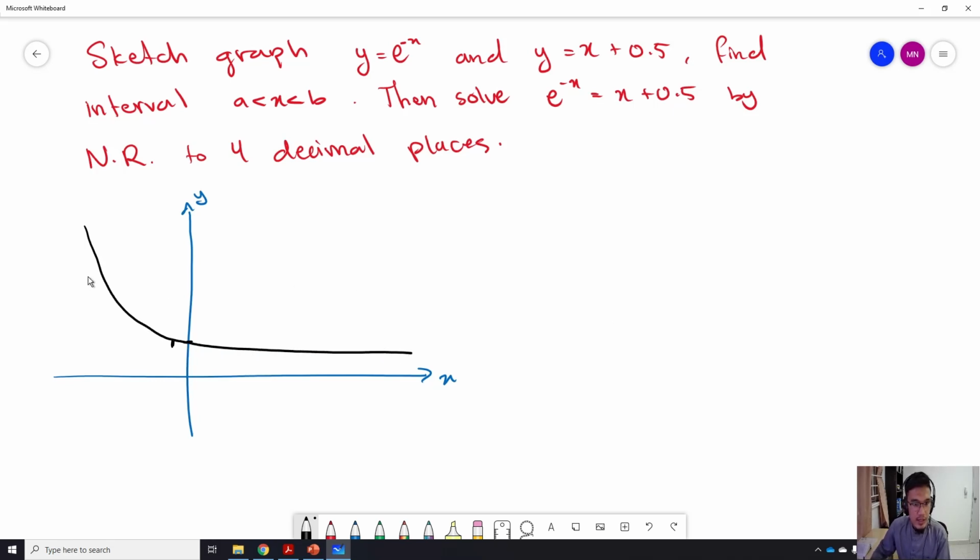Okay, so this is the graph of y equal to e to the power of negative x, and the graph of y equal to x plus 0.5 will have a y-intercept at 0.5 right over here. Okay, so this is the graph.